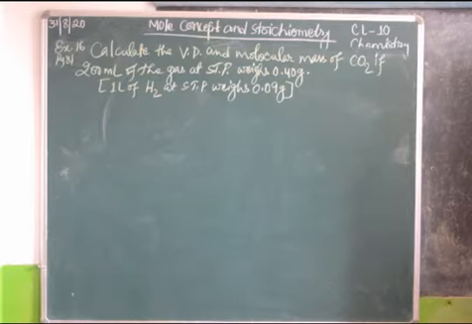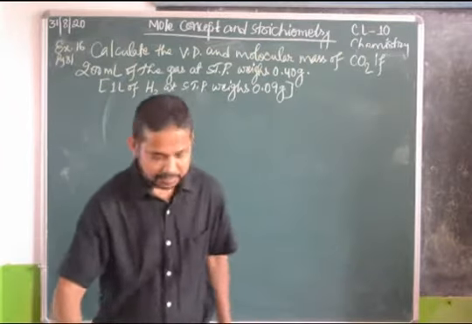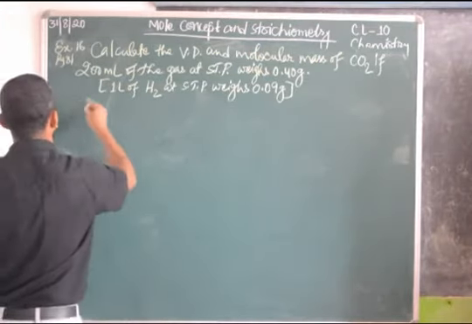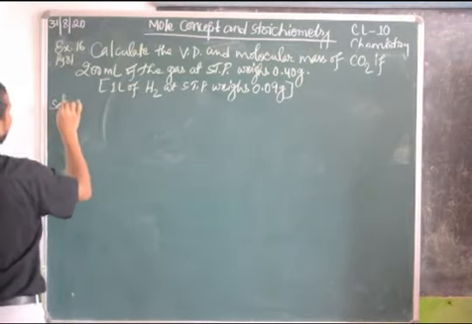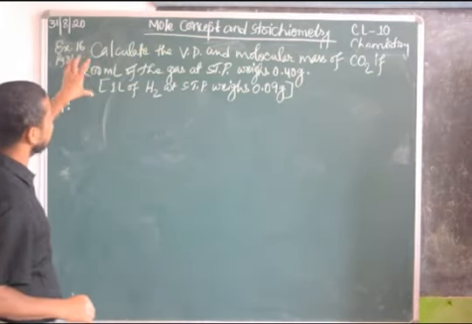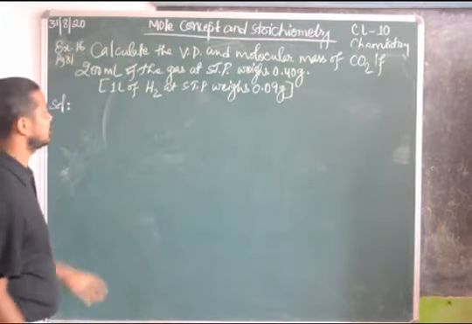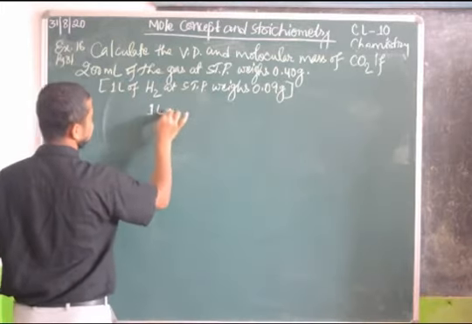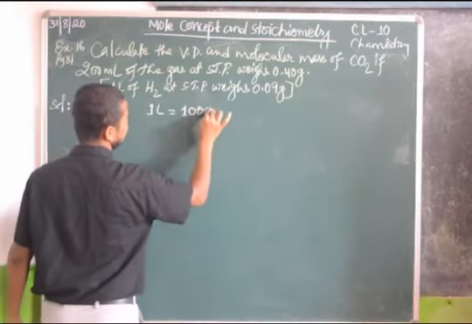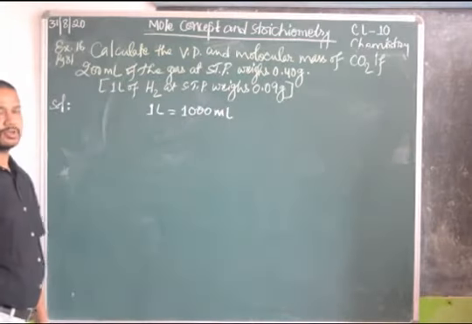That means volume needs to be same. 1 liter of hydrogen is given, means you need to find mass of 1 liter of carbon dioxide. 1 liter is equal to 1000 ml.